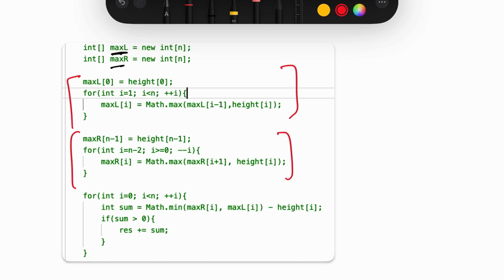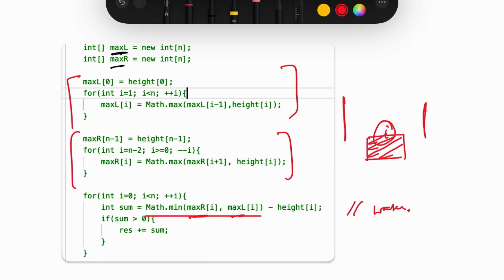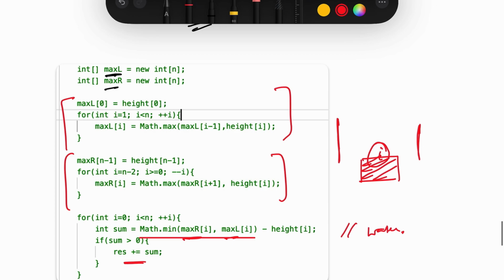After computing these two arrays, at every index I know the maximum height on the left side and the maximum height on the right side, and I will get the intersection of those with Math.min, and I will just deduct the actual tower height. It means this is the height of water, and that is going to be added to the sum, and we got the answer.